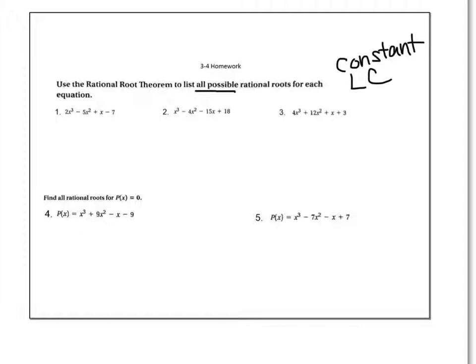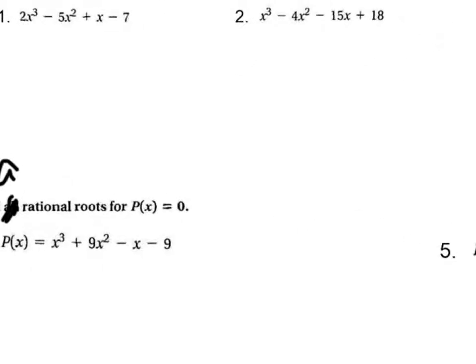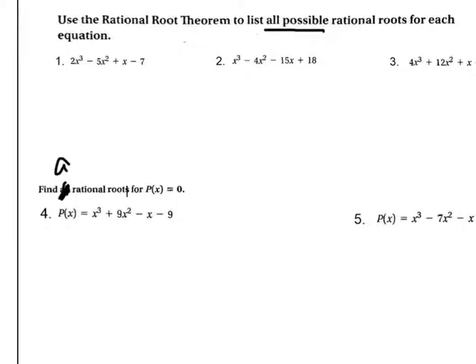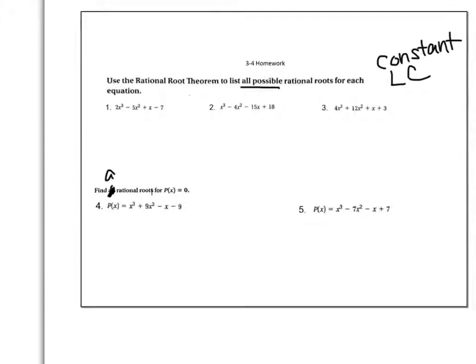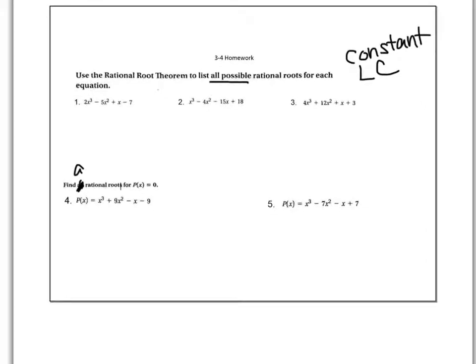Okay? 4 and 5, you're going to find a rational root for p of x equals 0, which means you'll use your constant and your LC factors, and then you'll use synthetic division until you find the root that you're looking for. And that's what we did for problem number 2.